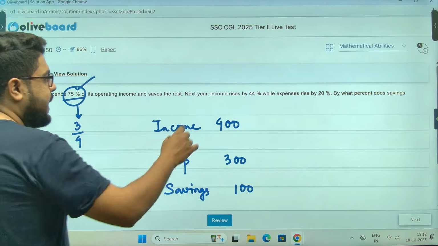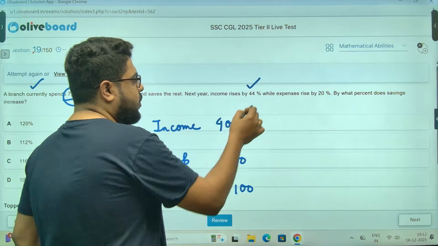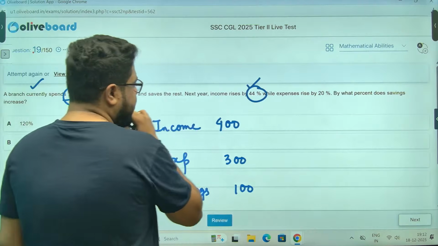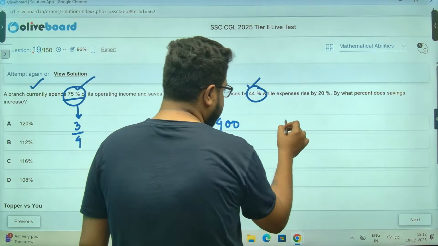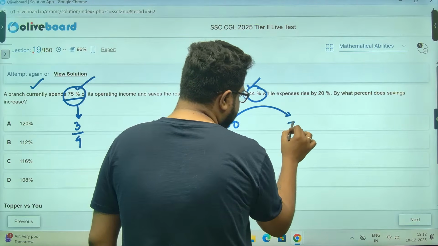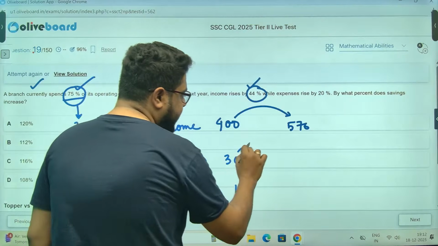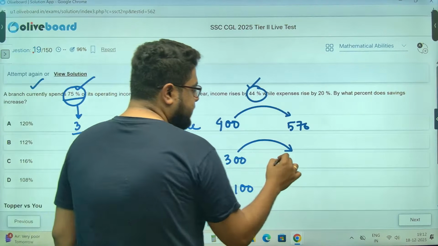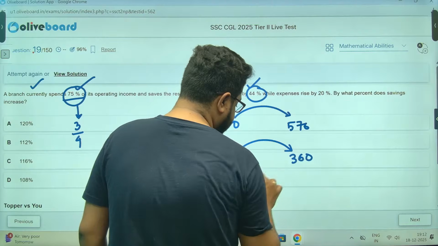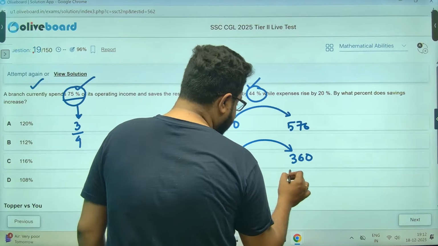Income rises by 44%. 44 into 4, meaning 176 rupees, so the income will become 576 rupees. Expenditure rises by 20%. 20% of 300 is 60, meaning it will become 360 rupees. What will become of the savings?